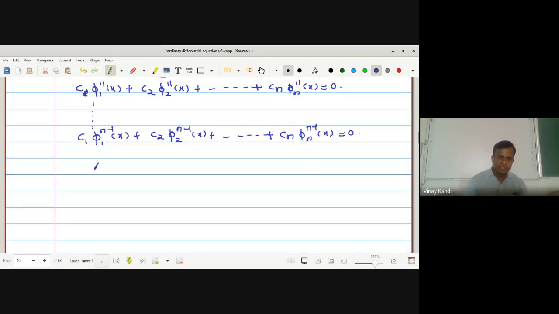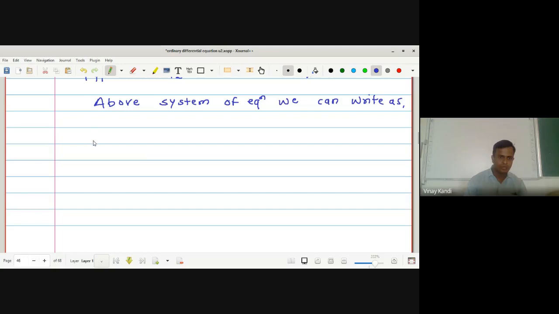So the above system of equations we can write as in the matrix form. This one: phi 1 of x, phi 2 of x, up to so on, phi n of x; phi 1 dash of x, phi 2 dash of x, up to so on, phi n dash of x.